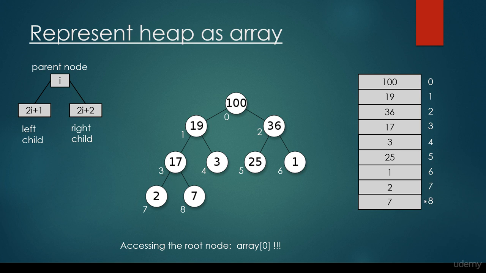We just have to look up in the array where the index is 8. It is the 7. So this is how we know that the 17 will have the left child 2 and the right child 7. And it's very important that the root node is always the array item with the 0 index. For a maximum heap, it's going to be the largest item. For a minimum heap, it's going to be the smallest item.